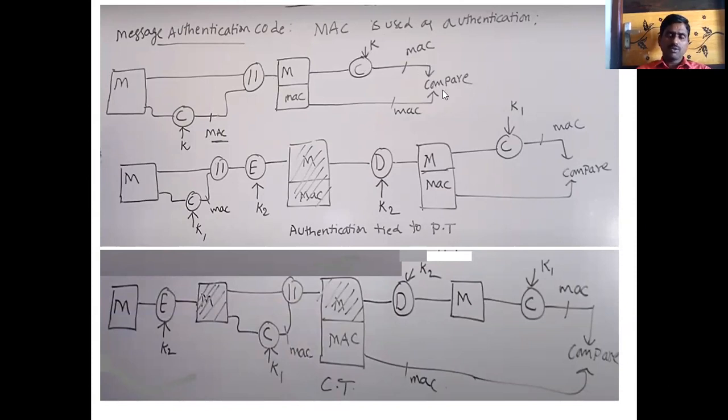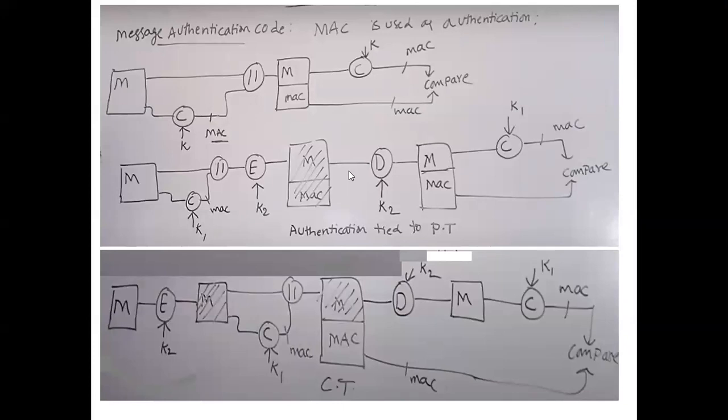So after performing this function, you get the MAC code. This MAC code and the received message authentication code, both are compared. If both are equal, then we say that there is an authentication. Okay, do you understand?